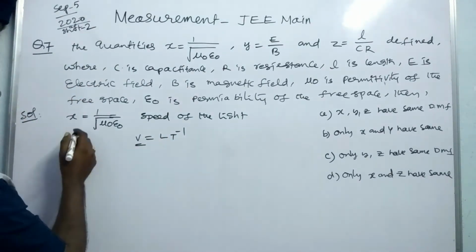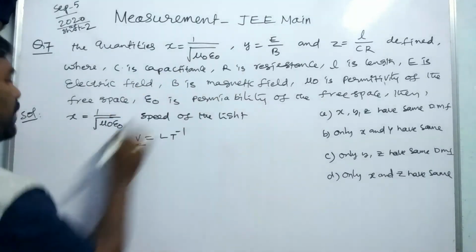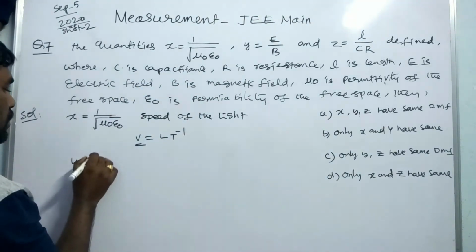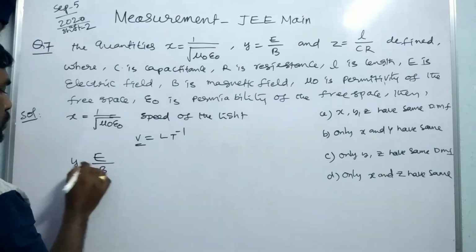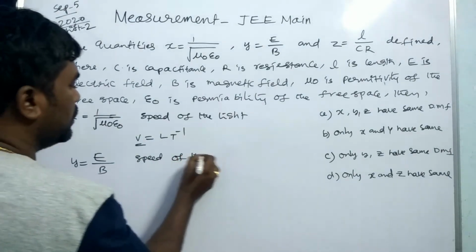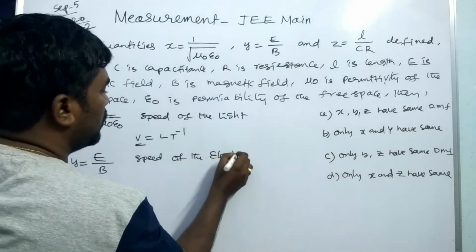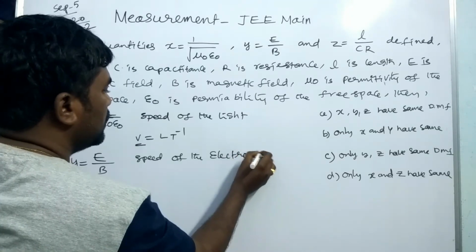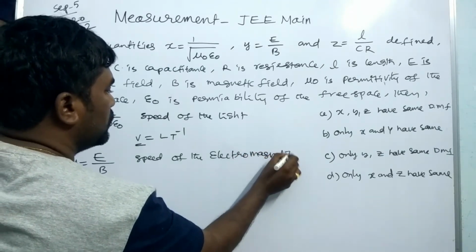The dimensional formula of x is LT minus 1. Coming to y, y is equal to E by B. So this is also the speed of the electromagnetic wave. So simply you can remember, electromagnetic wave, right?